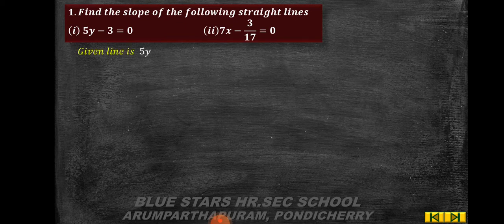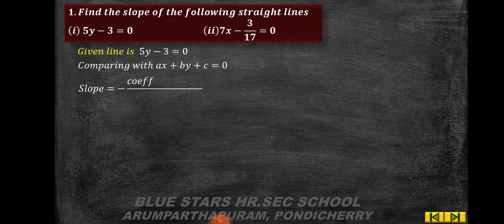So the given line is 5y minus 3 is equal to 0. So comparing with ax plus by plus c is equal to 0, you know the slope formula: m is equal to minus coefficient of x divided by coefficient of y. So here the coefficient of x we don't know, so let it be 0, and the coefficient of y is 5.